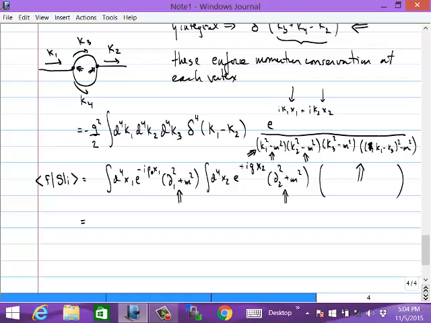So putting this all together, what do you get? You get minus g squared over 2 times a delta function, so this is just this delta function here, of p minus q.